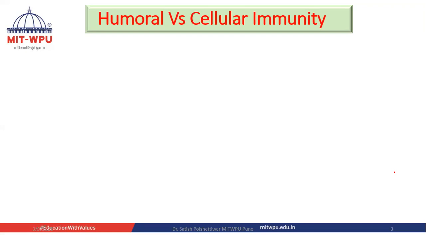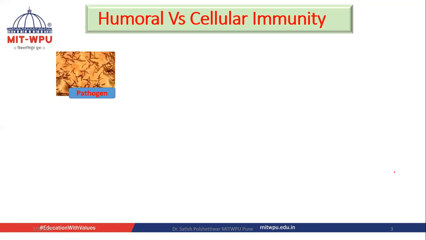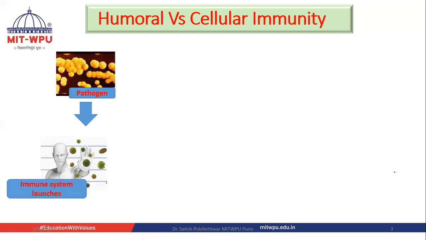So let's talk about humoral and cellular immunity. Whenever pathogens attack any host, they have to encounter our immune system. Our system will launch an immune response.